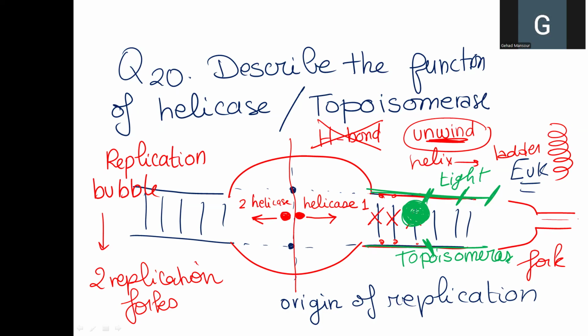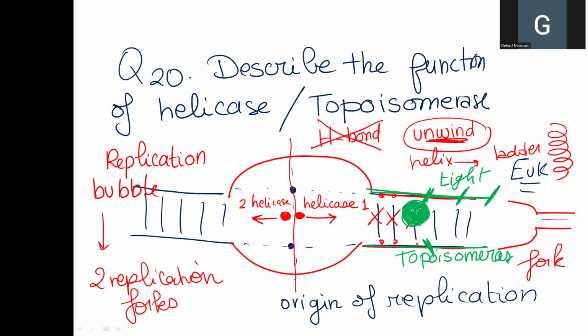If there weren't a topoisomerase enzyme walking ahead, the helicase wouldn't be able to perfectly unwind the two strands of the DNA molecule and then break down the hydrogen bonds between them.